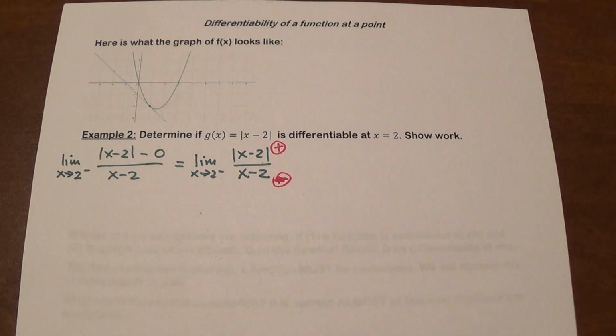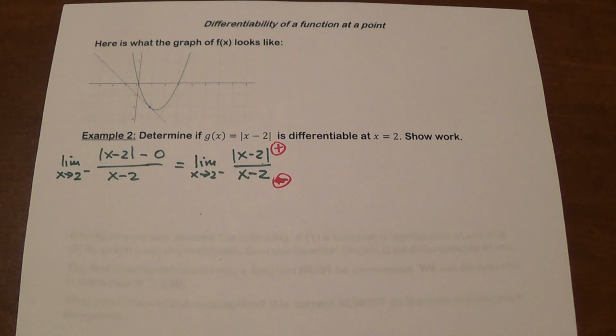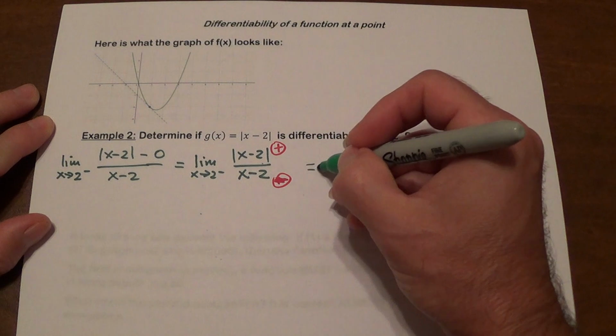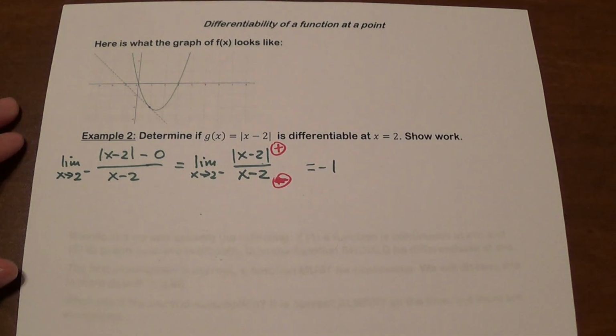So it's actually positive divided by negative, right? It's the same expression. Just think about this. If it was 5 divided by negative 5, for example, or 3 divided by negative 3, you are going to get negative 1. So on the left it's negative 1.